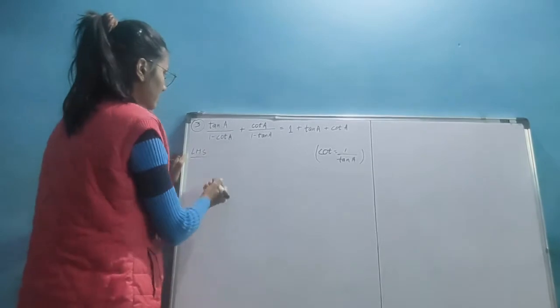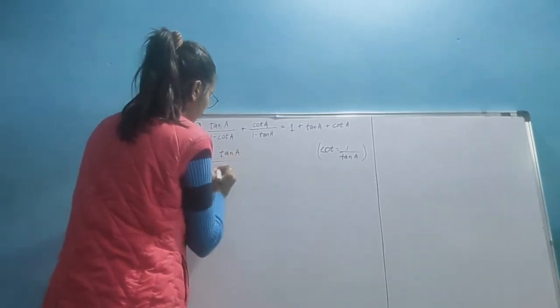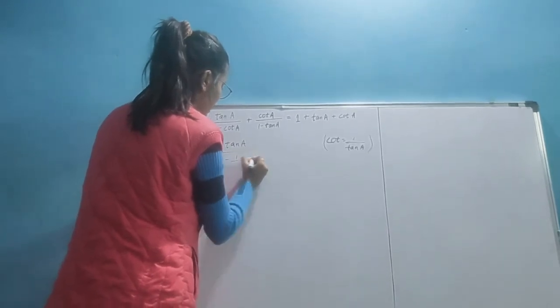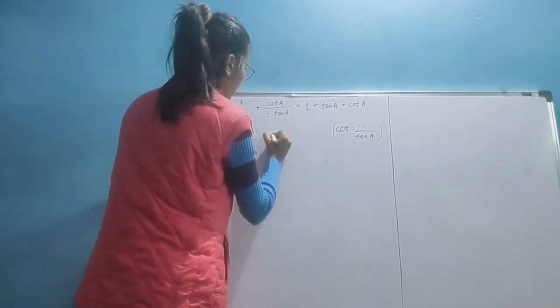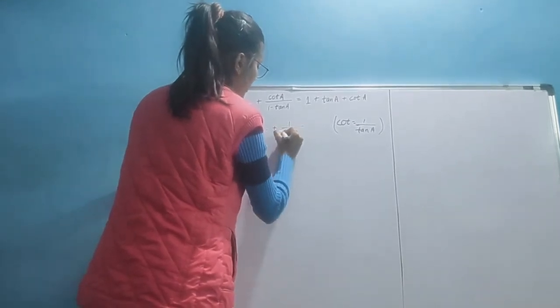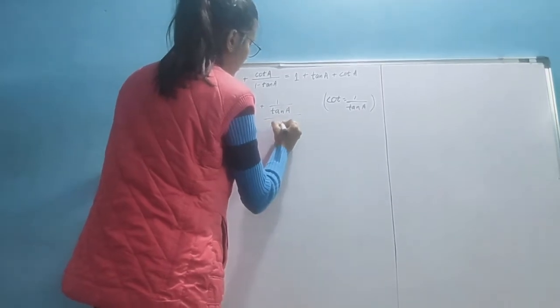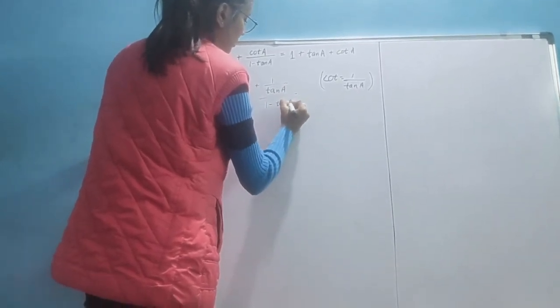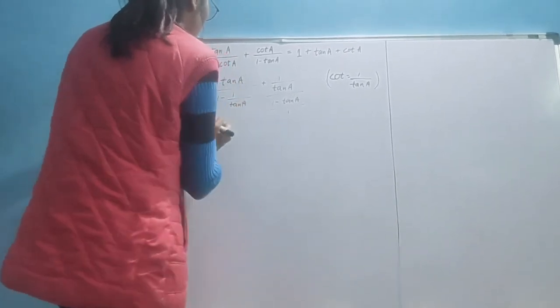So let's start. Tan A is going to be as it is, and 1 minus cot A is 1 minus 1 upon tan A, plus cot A, 1 upon tan A, upon 1 minus tan A. Nothing is here, so we can write it as 1.